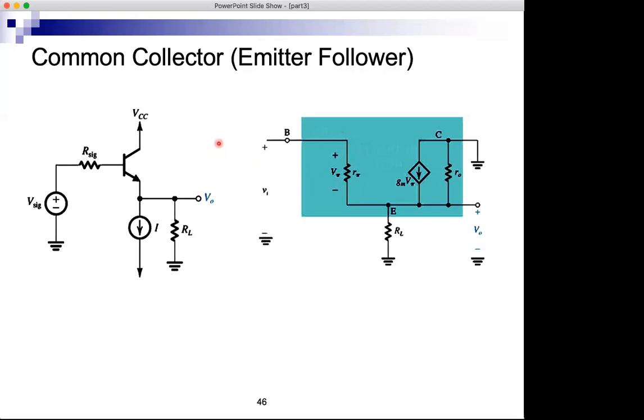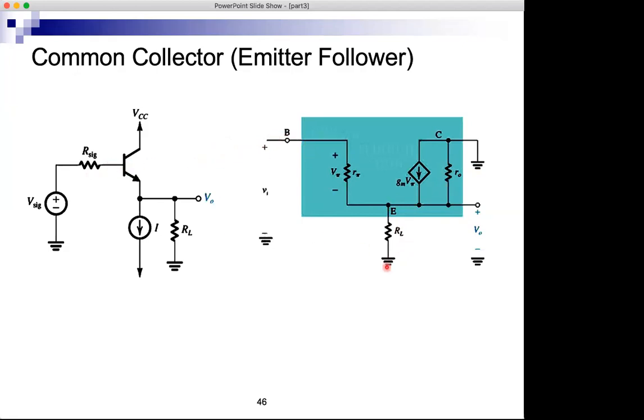Okay, so we can use the same technique. RO is actually in parallel with RL because it's from the output to ground. So RO will appear here. And then to find the input resistance, we have a rule that says if you're looking into the base, you're finding the resistance looking into the base, which is exactly the input resistance in this case.